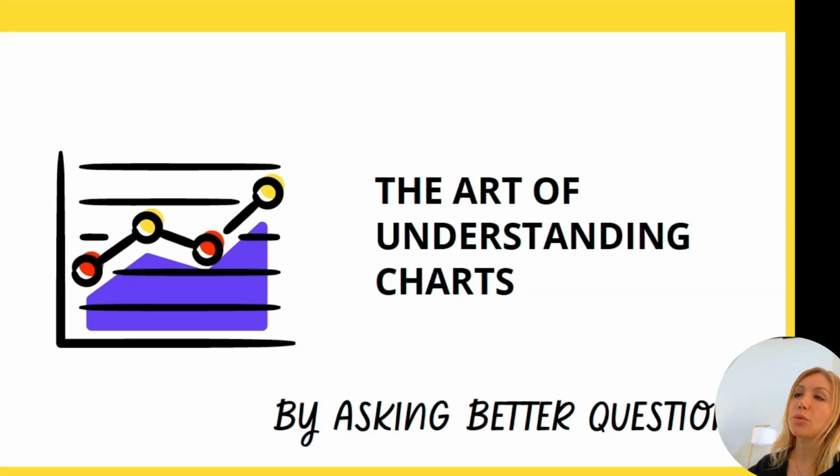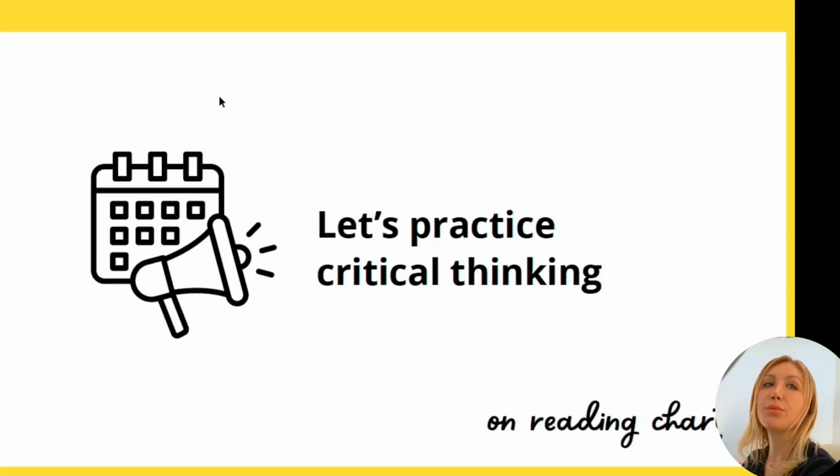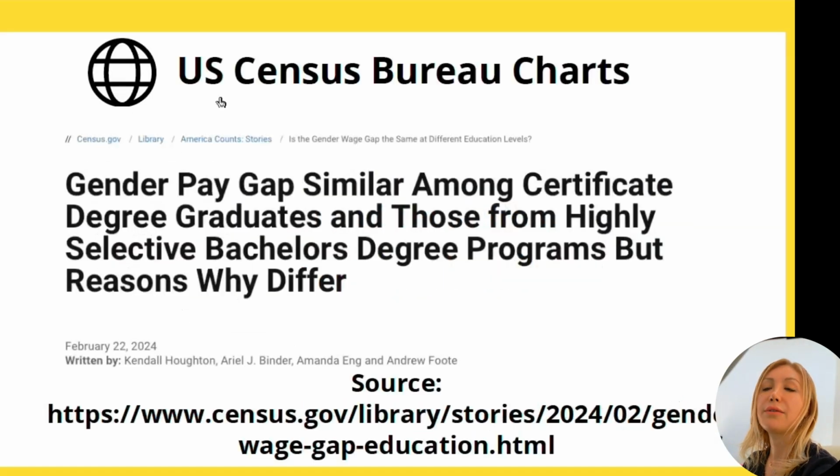So in this video, we'll practice how to read charts from credible sources critically, not merely accepting them, but asking better questions. Okay, so let's do some practice for critical thinking and reading charts. Let's start with the first one.